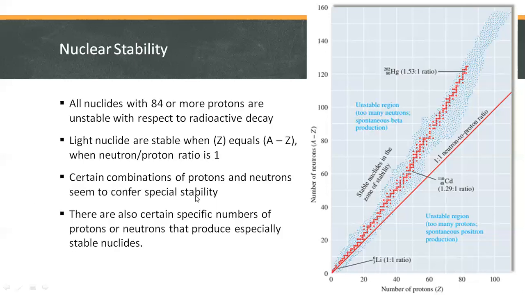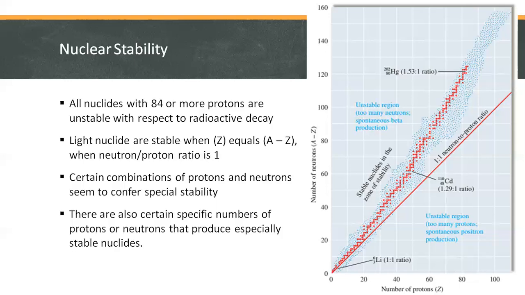Certain combinations of protons and neutrons seem to confer special stability. For example, nuclides with an even number of protons and neutrons are more often stable than those with odd numbers, as we will show in the next slide.